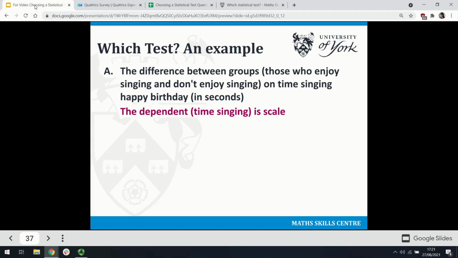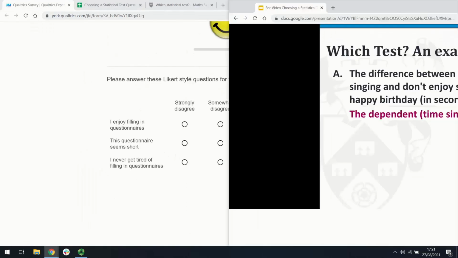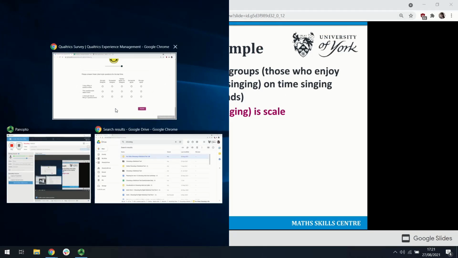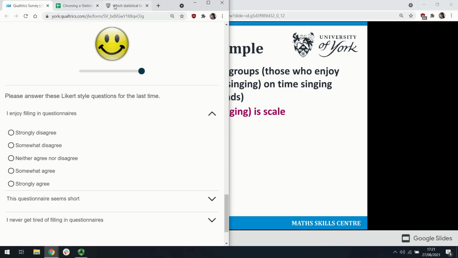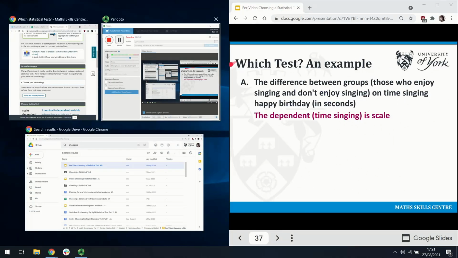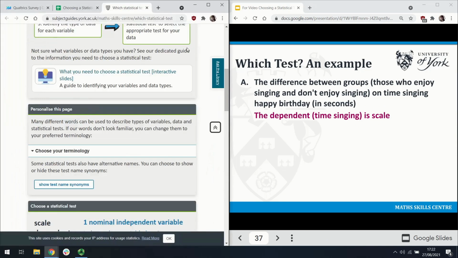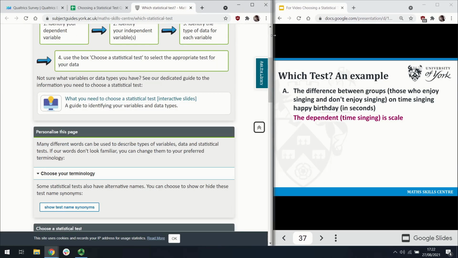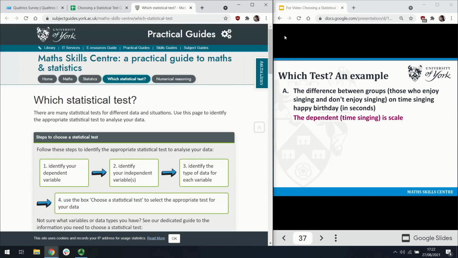To do this, it'd be nice if you could see the slides at the same time as the stats chooser. Let me try and get my computer to work for me. Just going to make that a little bit bigger.